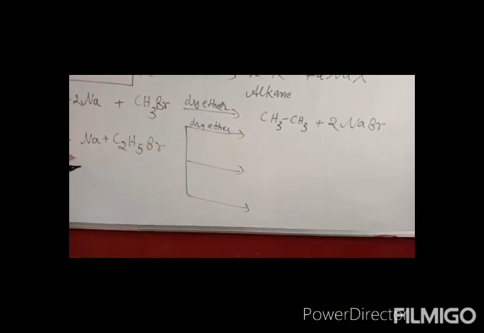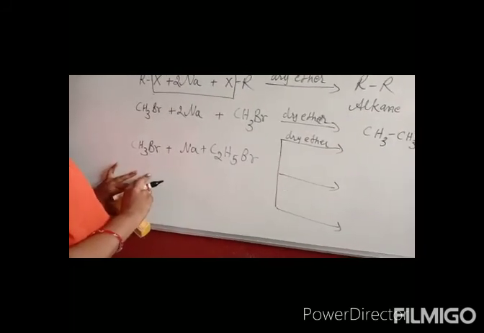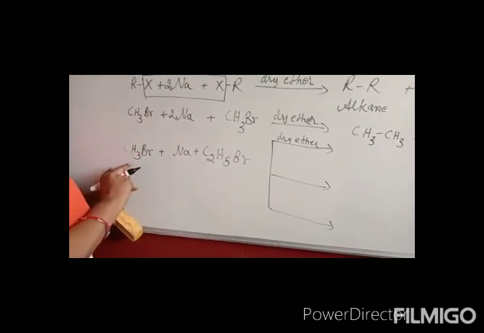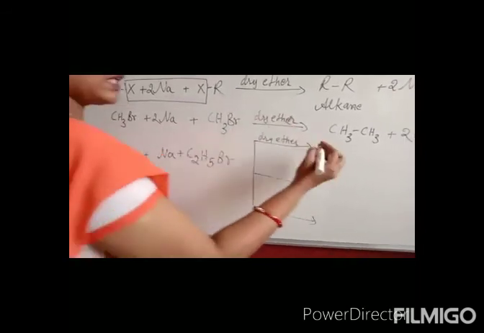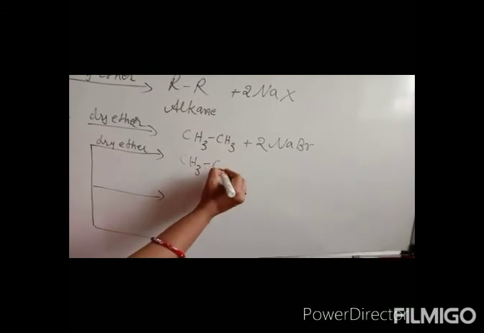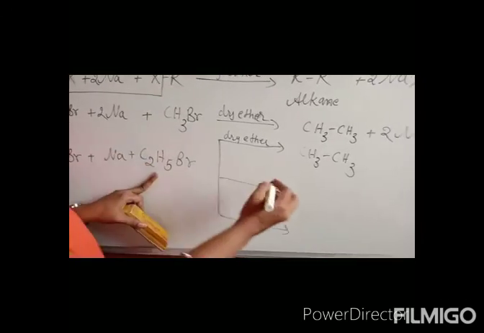What will be the first one? In the first case, when I am taking two different alkyl halides, the similar groups will be attached, that is CH3 with CH3. Second option, this group may combine with itself.